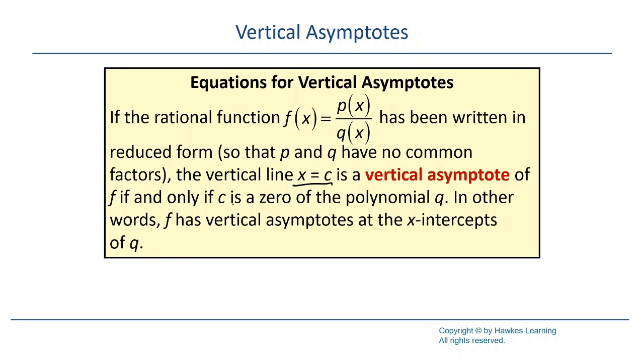But you could also read it: c is a zero of the polynomial q if and only if the vertical line x equals c is a vertical asymptote of f. So if you know it's a vertical asymptote, you also know that it's a zero of the denominator. If you know it's a zero of the denominator, then you know that it is a vertical asymptote of the function as well.